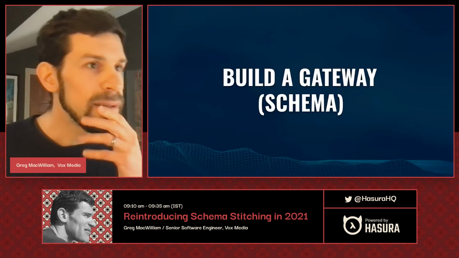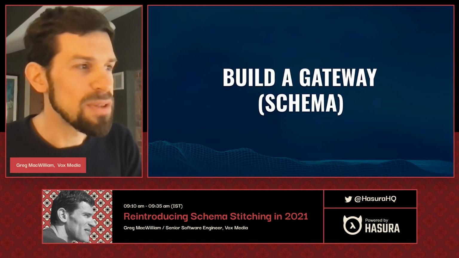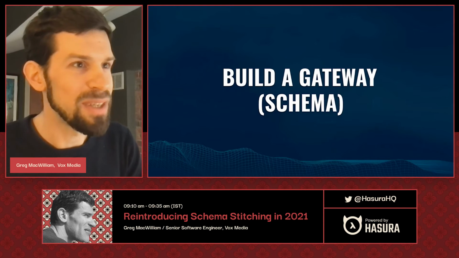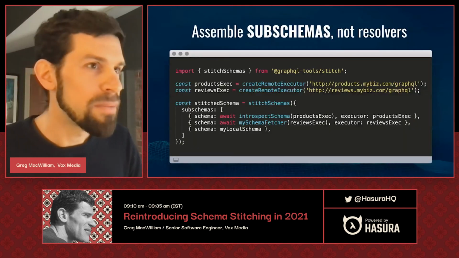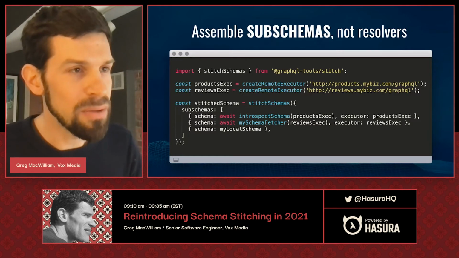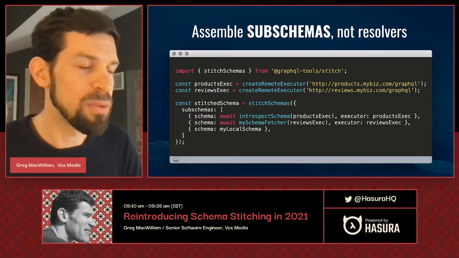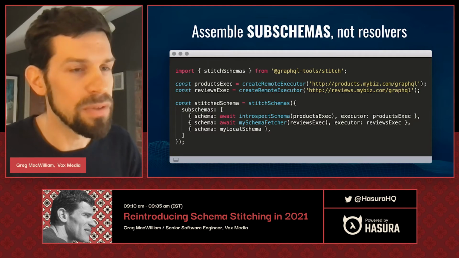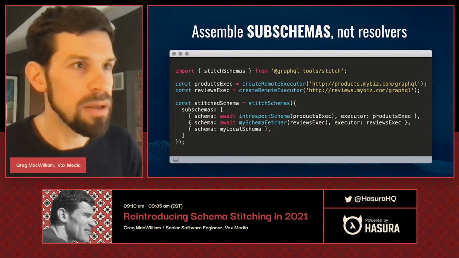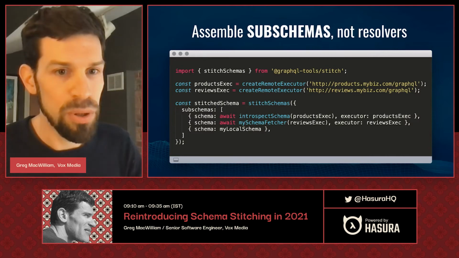So then, lastly, something that's interesting here is that we build a gateway schema. And schema is sort of the key word here. So this is what stitching now looks like at the gateway level. That code sample that we saw at the beginning with that gnarly resolver has kind of just turned into this. Now we're collecting subschemas and we're putting them together.